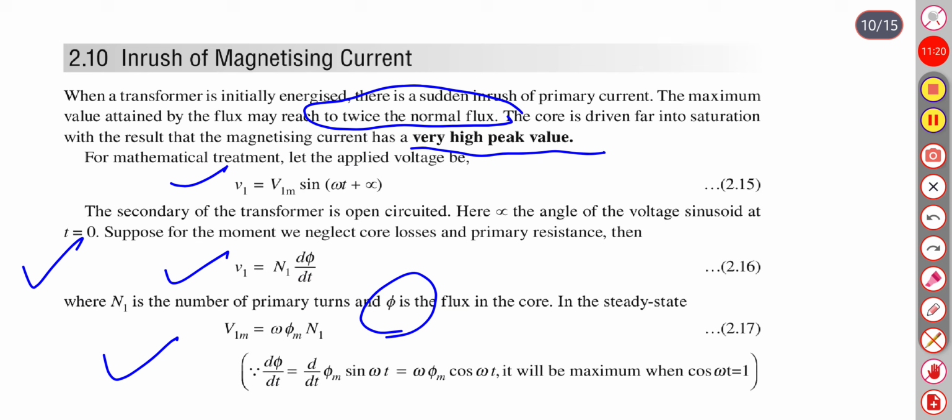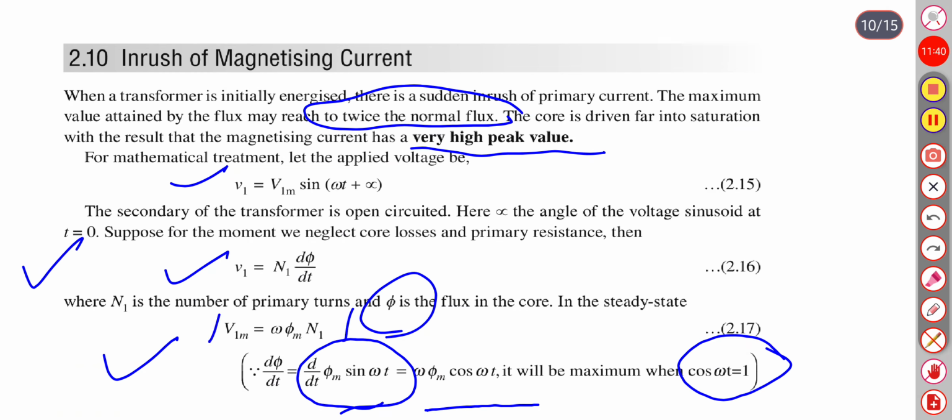Because here you can see phi is phi m sin omega t. After differentiation we will get omega phi m cos omega t, and for maximum, cos omega t equals 1. So V1 maximum equals omega phi m N1.